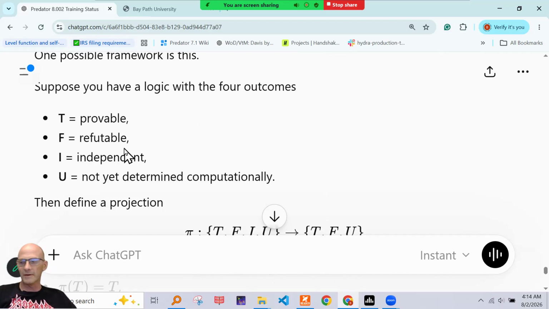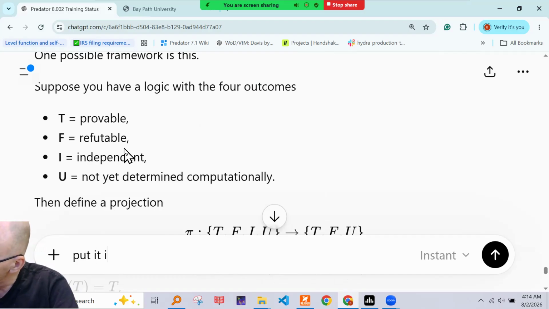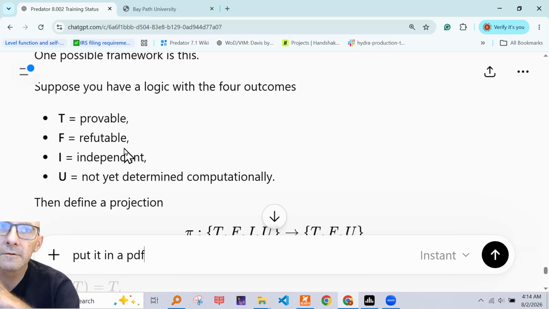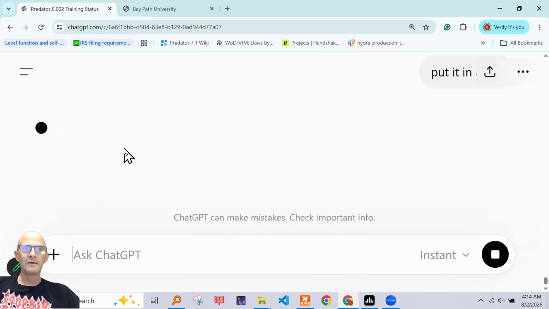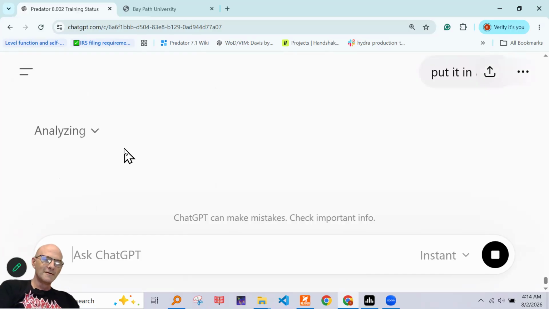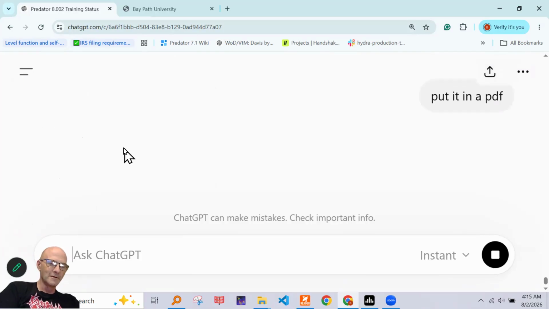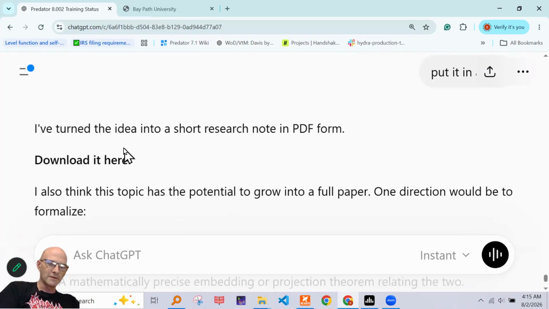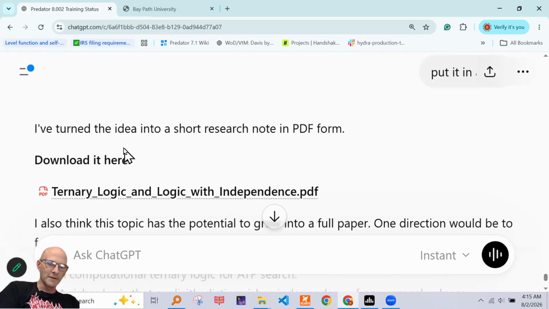So it is explaining it. So I'll say put in a PDF. I know I'm so cheating when I do that. And just put in a PDF. Now I don't have to do it. Principle, ternary logic, and logic with independence.